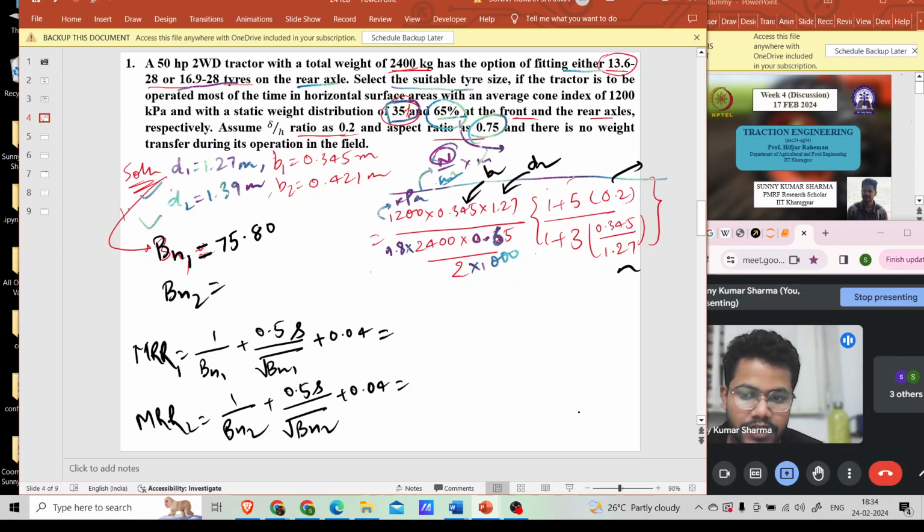What mobility number came for the second wheel? 202.5, sir. Yes, 202.5.